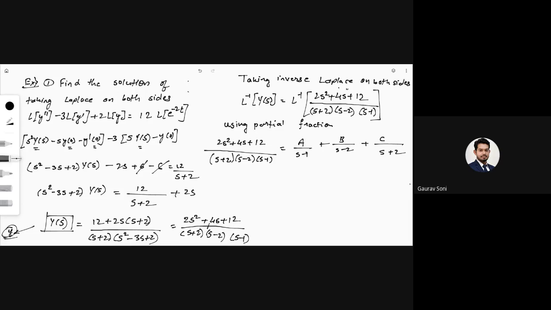So by partial fraction we can do this. Now do the cross multiplication. So we'll have 2s square plus 4s plus 12 is equal to a into s minus 2, s plus 2, plus b into s minus 1, s plus 2, plus c into s minus 1, s minus 2.